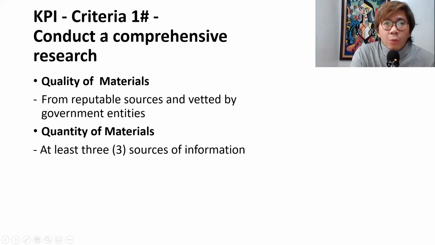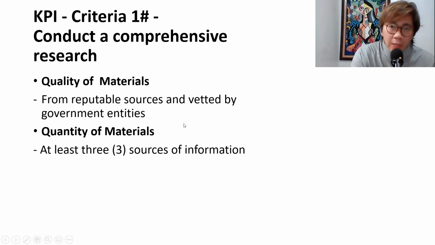So for criteria one, it's the conduct of comprehensive research. My key indicator here to know if you really conducted a good comprehensive research is the quality of the materials that you have cited or referred to, which should be reputable and vetted by government entities.